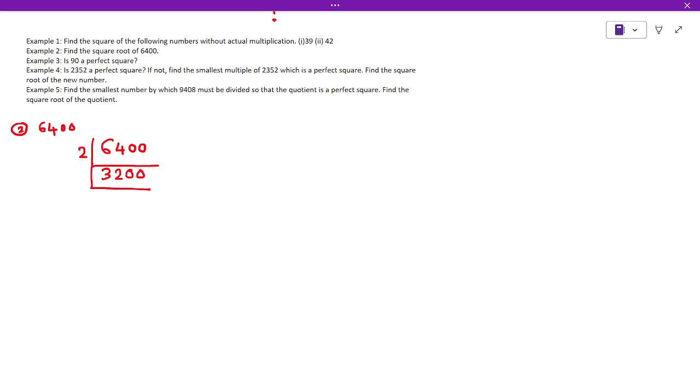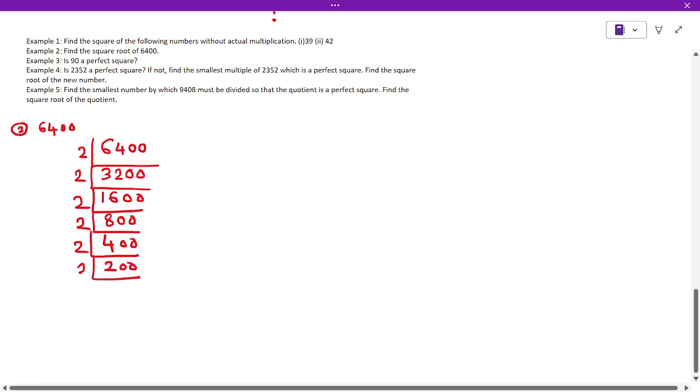Clear? Again it will go in the 2 table, 2 1s are 2, so 1 left here, 2 6s are 12, 0. Again the 2 table, 2 8s are 16, 0 0, and 2 4s are 8, 2 2s are 4, 2 1s are 2.